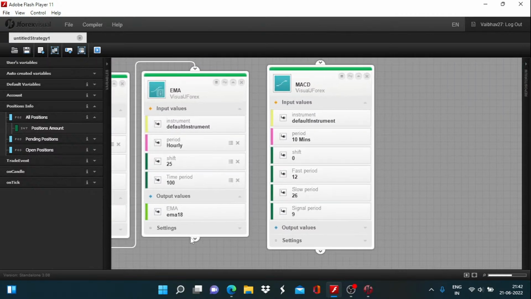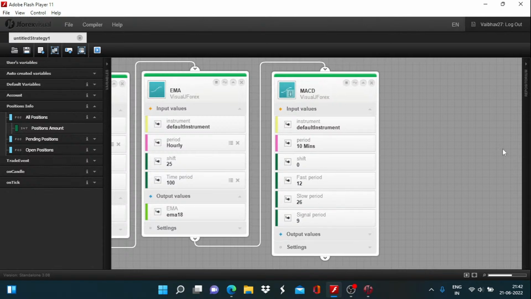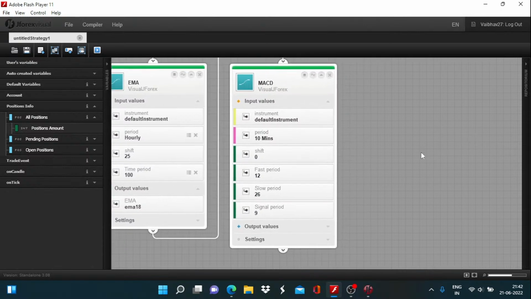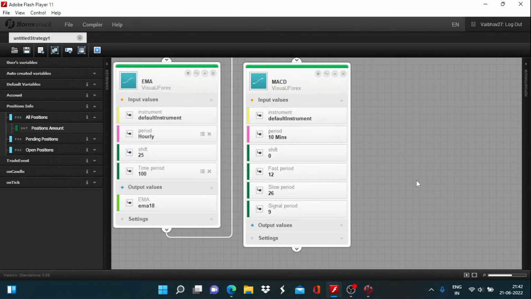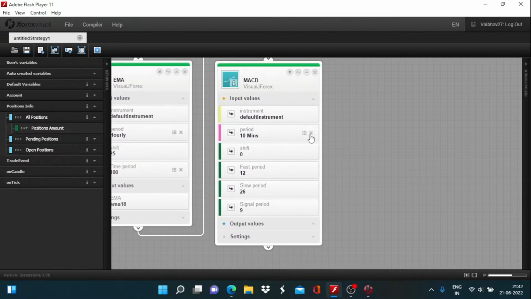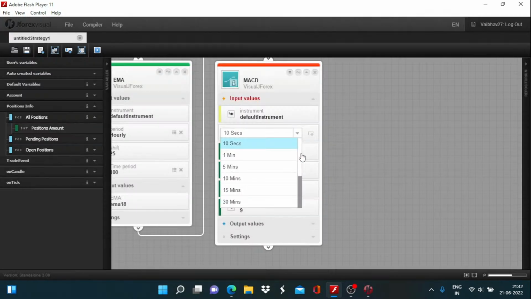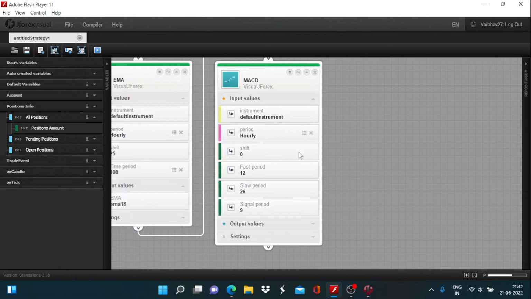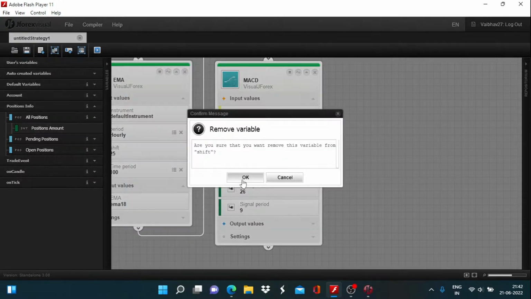Okay, now we turn our attention to the MACD output values. We are going to define the MACD also in crossover format. So we are going to need 4 MACD blocks as well of the hourly candle period. So this is going to be changed to hourly with the look back period of 1.